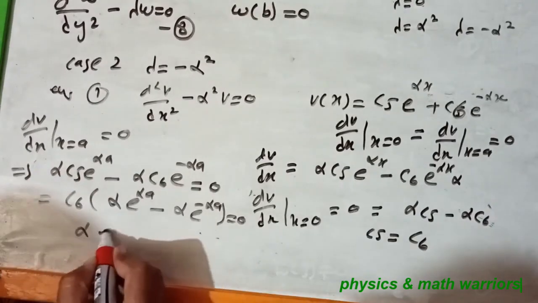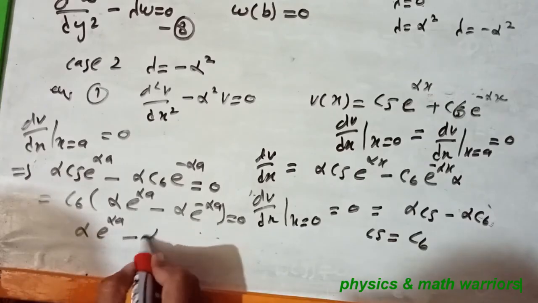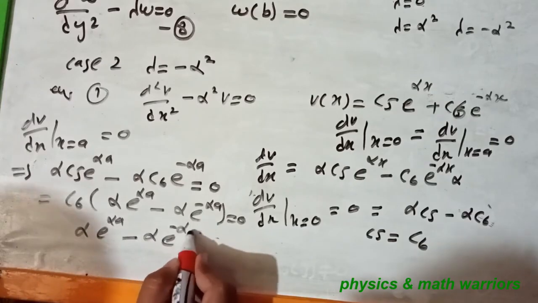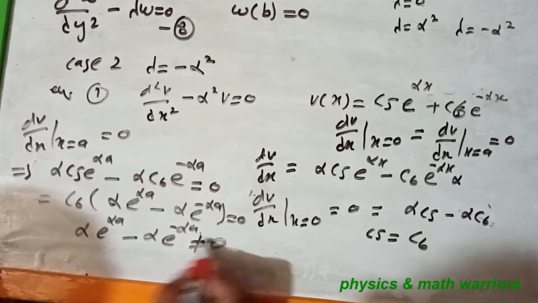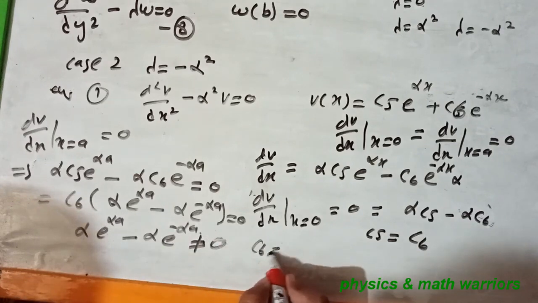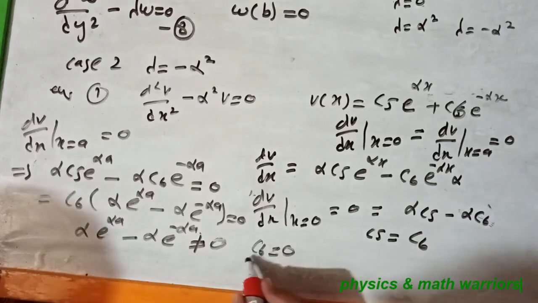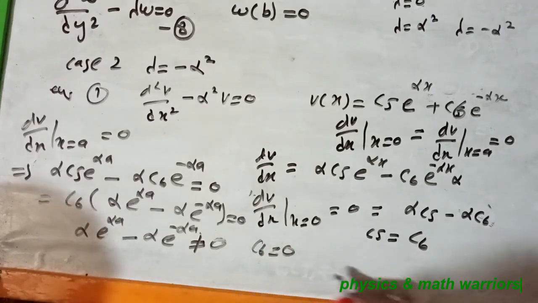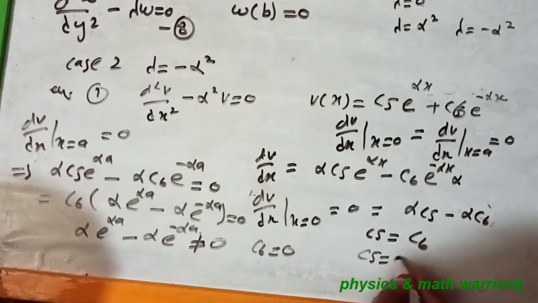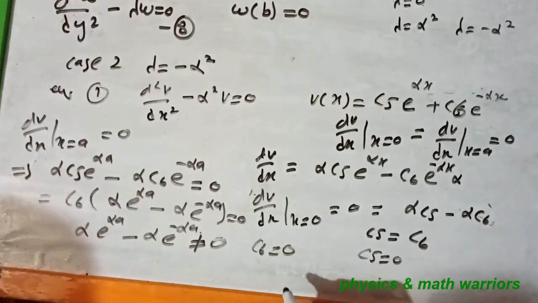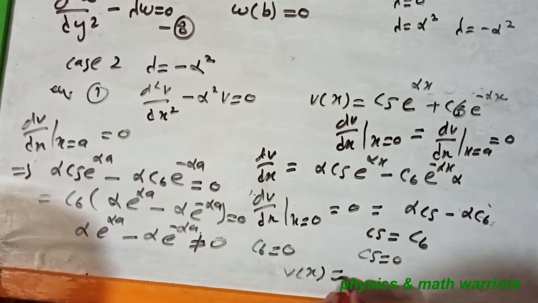Since alpha exponent alpha a minus alpha exponent minus alpha a is not equal to 0, c6 is equal to 0. If c6 is equal to 0, then c5 is also equal to 0.